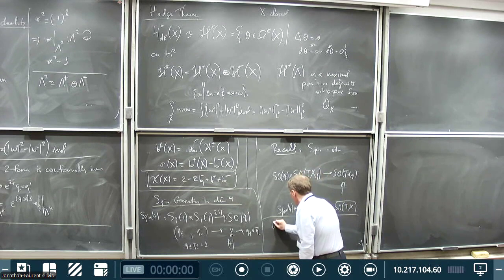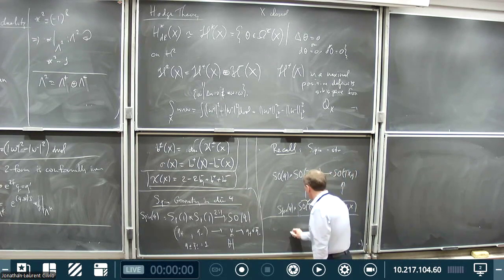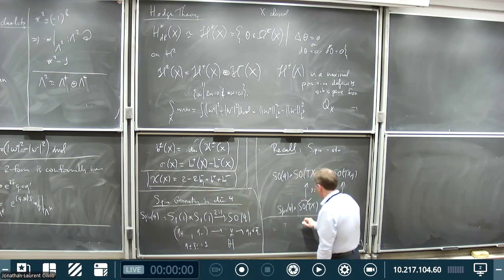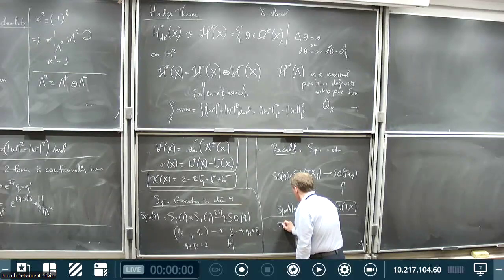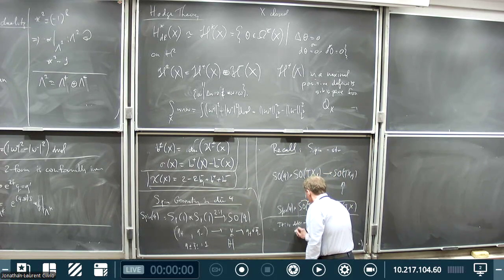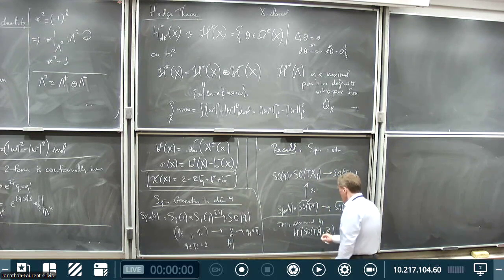Right, so a nice way to say this. So this is the 2-to-1 cover. So this is determined by a class in the H1 of the frame bundle with Z2 coefficients.